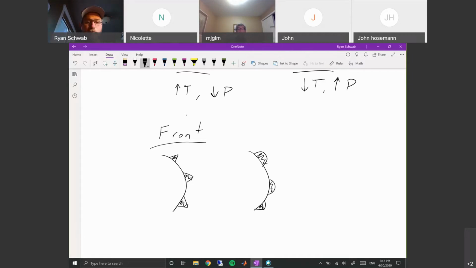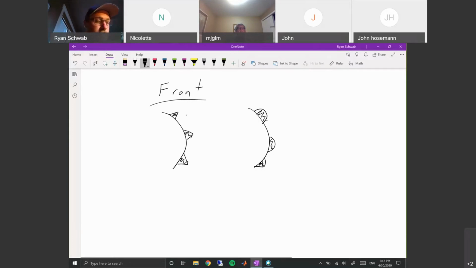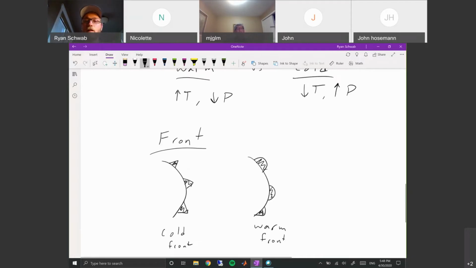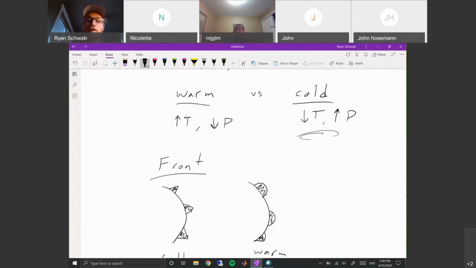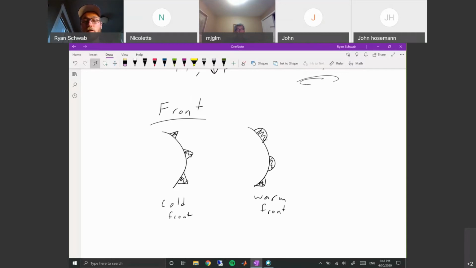So here in this case, this is a cold front. This is a warm front, is how these will be labeled from here on out. And they're defined by what's following them. So in other words, if a cold air mass is coming in, that means that you're going to see a cold front hit one day, and then within the next couple days, you'll be in the middle of that cold air mass.